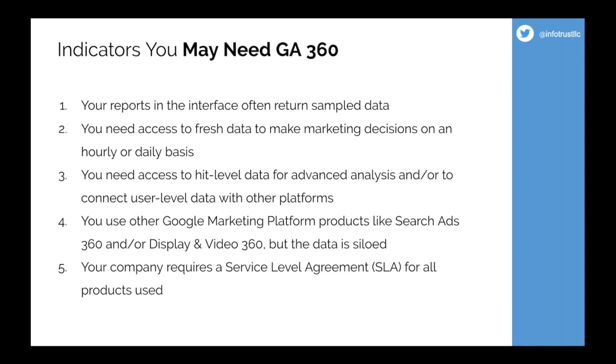As you may know, with the data that's exported from the regular free version of GA, it's all session based. There is no way to pull out hit number 1 was this person visited this page, hit number 2 was this page, hit number 3 was this page. The way that you actually have to do that is by pulling out hit level data, and that's just not available with the free version of Google Analytics. With the 360 version, you do get access to that hit level data.